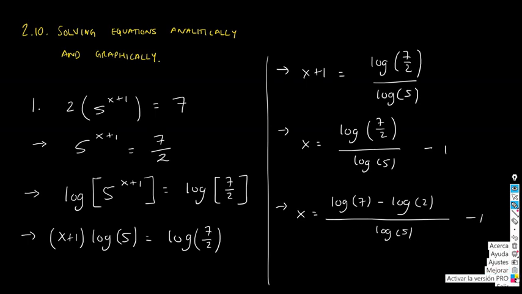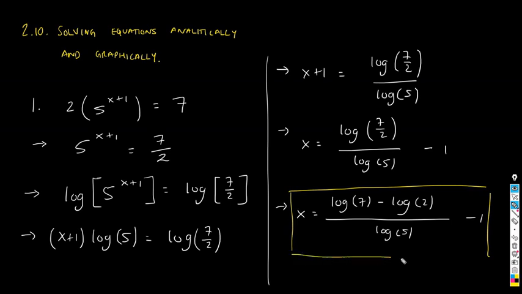This is my perfect exact solution. There's nothing else to do. If you want to approximate this to decimals, go ahead, but be aware that this is the perfect solution. If you approximate this to decimals, be aware that that's not the real answer. That's just an approximate answer. This is the real answer. So that's the first case.